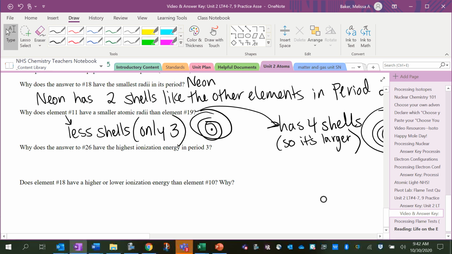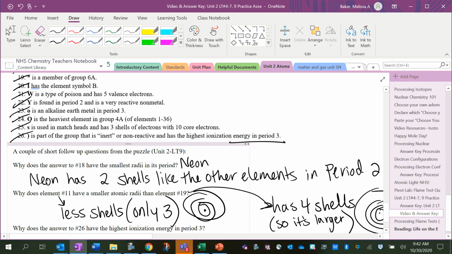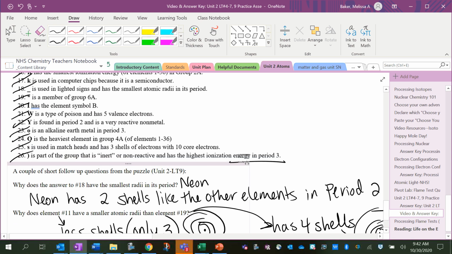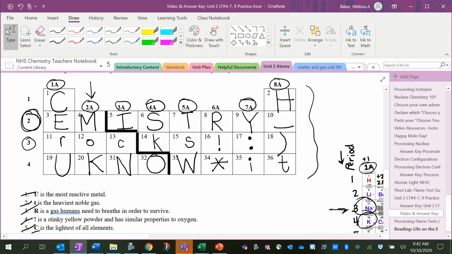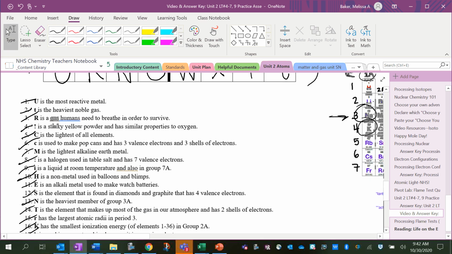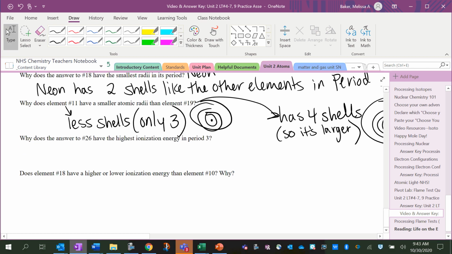Why does the answer to number 26 have the highest ionization energy in period 3? So the answer to number 26 is argon. Why is argon the smallest in period 3? It has the most protons in its period.